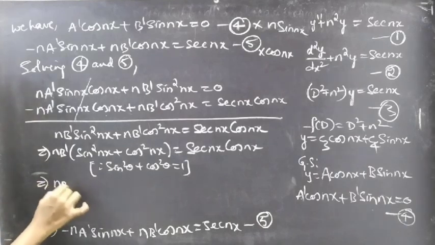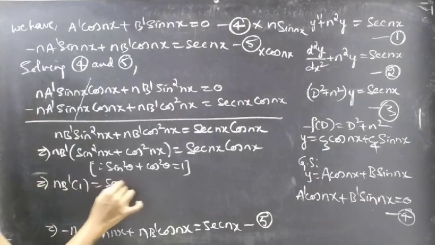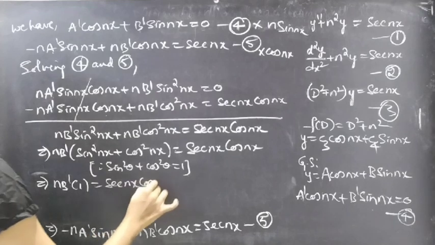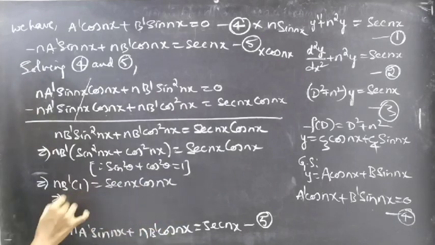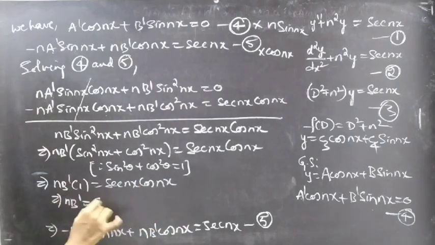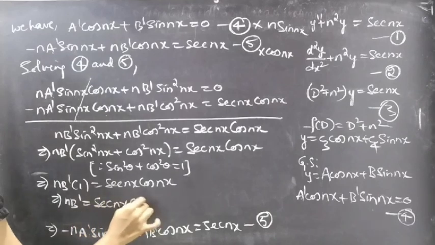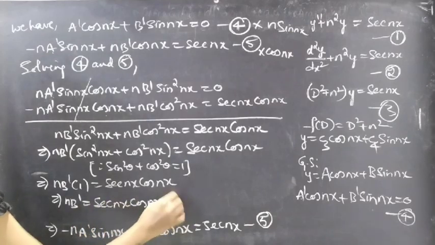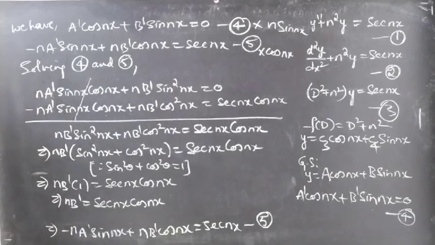We'll get n b dash into 1 equal to secant nx cos nx, which gives us n b dash equals secant nx cos nx. From this we'll get b dash equals 1 by n secant nx cos nx.